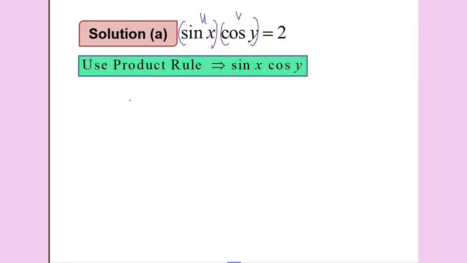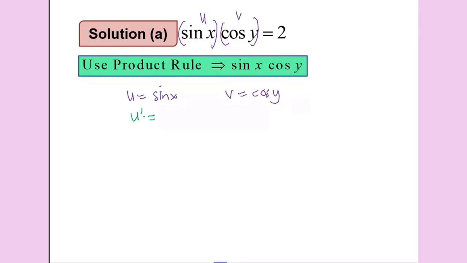So now u is equal to sin x, v is equal to cos y, and then differentiate u prime or du dx. You all prefer saya pakai u prime ke du dx? Cuba respon. Nak u prime ke du dx?